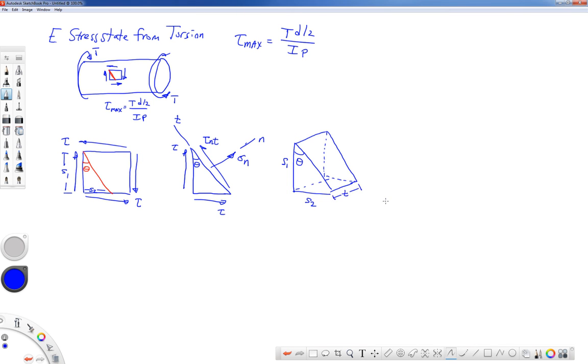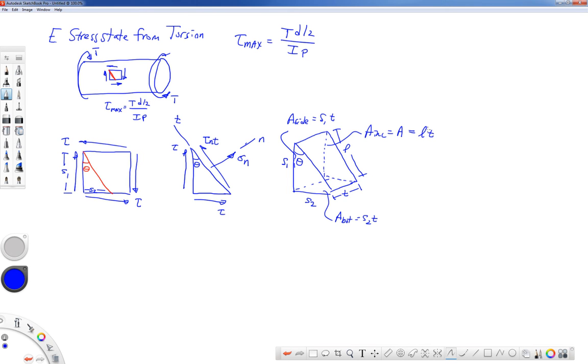I'll call that dimension T. The area of the bottom is going to be S2 times T. The area of the side is going to be S1 times T. And the area of this inclined plane, if we call that dimension L, I'll call that area of the inclined plane A, is equal to L times T.